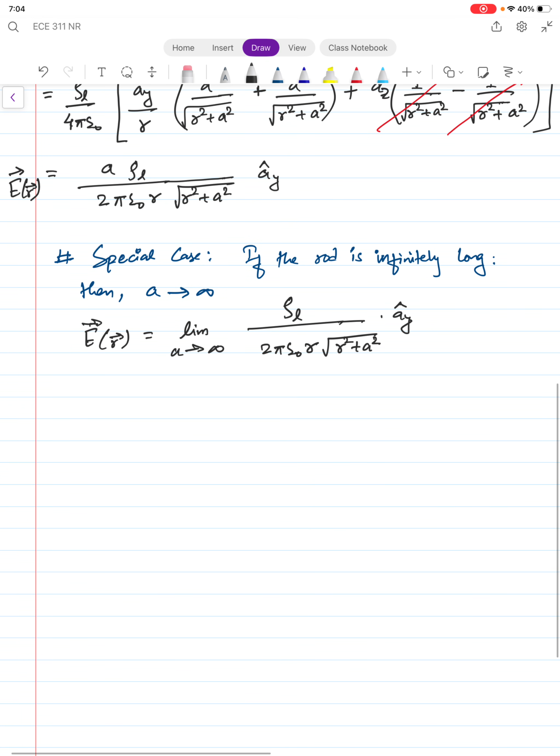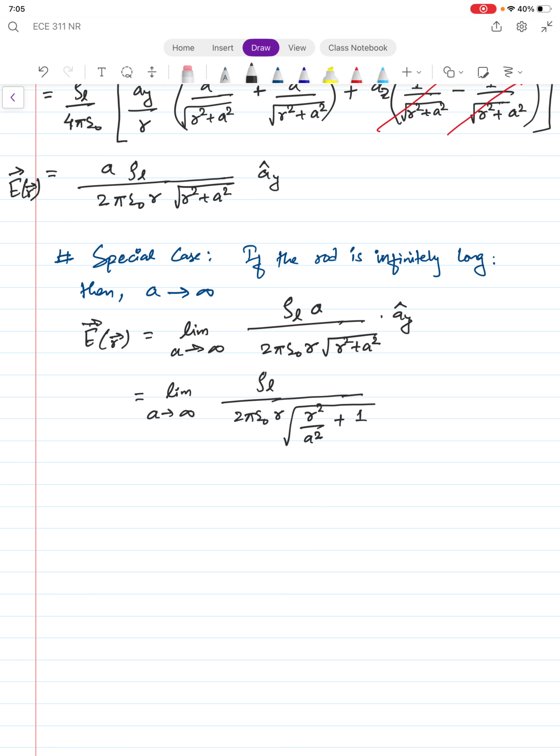Okay, so remember in this case we have to rewrite this as, so rho L 2 pi epsilon 0 r, this a goes to denominator and inside the square root, so that becomes r square divided by a square plus a square divided by a square will be 1, because everything is inside the square root.